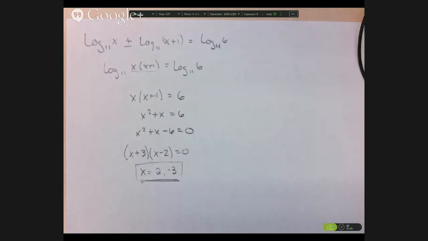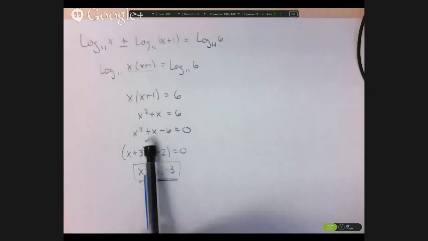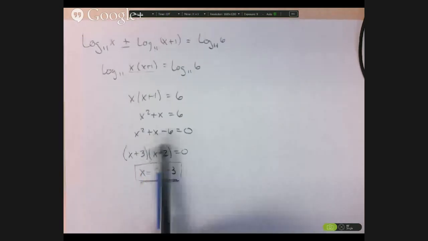Positive 2 and negative 3 are your x values for x. No, because it has to be positive 1 when you add them. 3 minus 2 is 1. Got it. Okay.